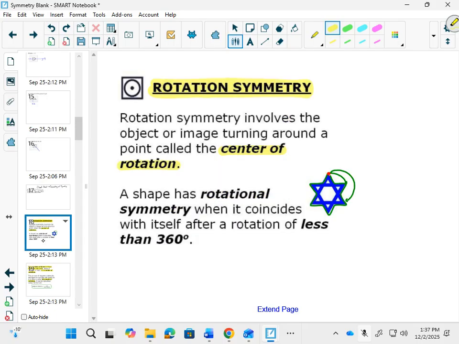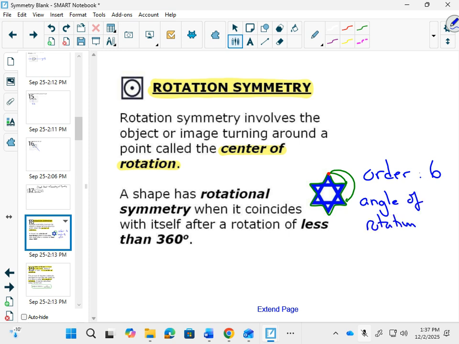So if we go back to this shape, this one that was right here, we could say that its order is 6. And its angle of rotation is 360 degrees divided by 6.